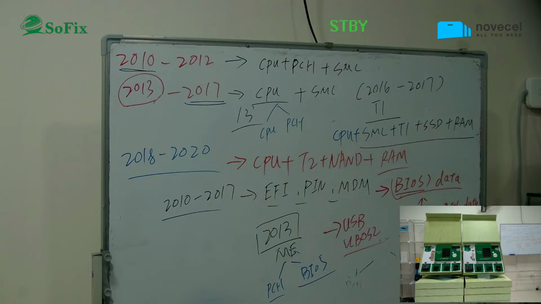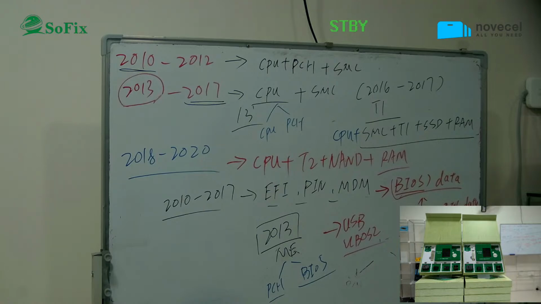So if you only read the BIOS data, you must change the ME. Or you use the U-Bus 2, you can change the ME. So this one is easy to unlock the EFI and the pin lock, and it also has the MDM lock.